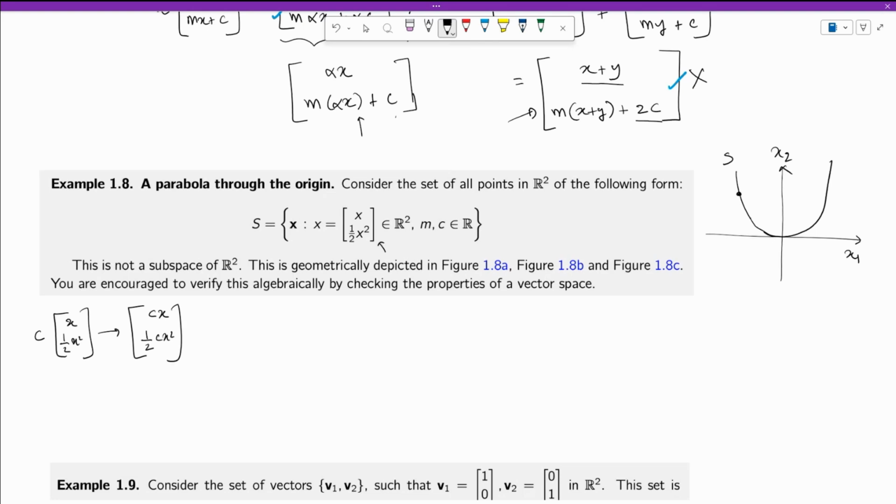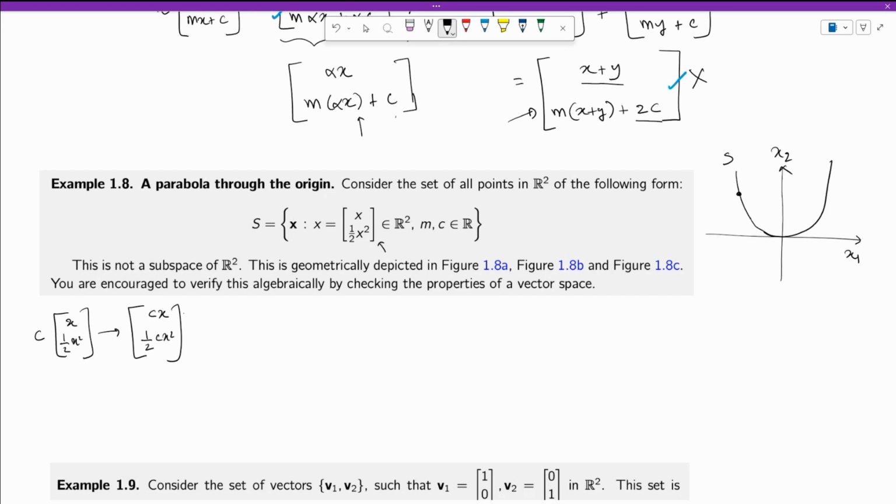Is this in the original set? Yes. Why do you say it's there in the original set? See, if it were to be in the original set S, what is the condition you need to satisfy? The condition is if the first element is x, the second element has to be half times x square.